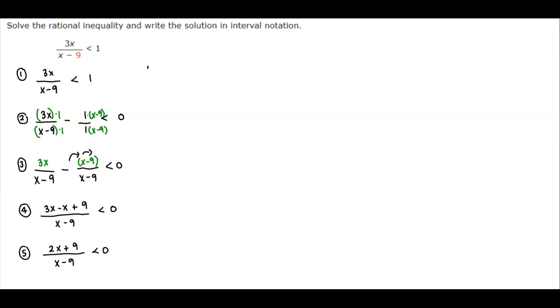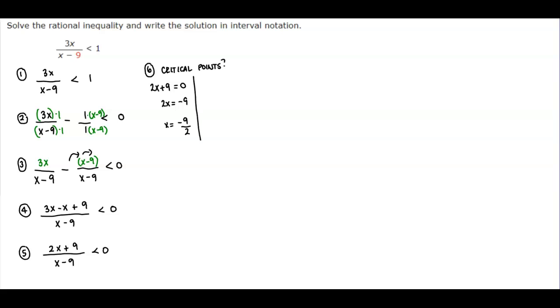Now we want to determine our critical points. In the numerator, we have 2x plus 9, and we set that equal to 0 and solve for x. If we subtract 9 from both sides, we get 2x equals negative 9, and if we divide by 2, we get negative 9 over 2 as one of the critical points.